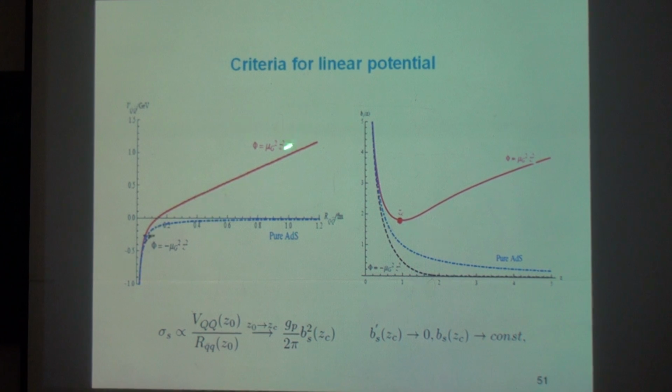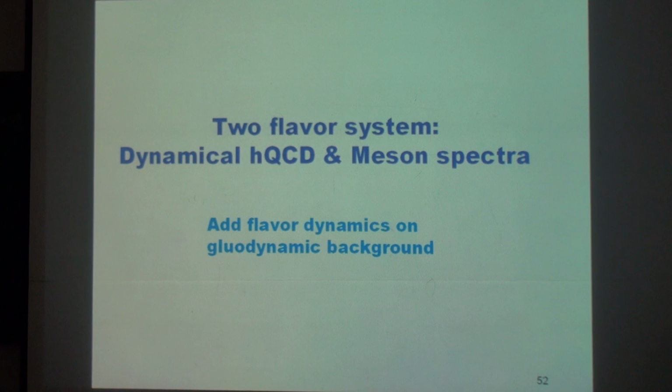So basically, in this model, the only thing we did is that we just solve this self-consistently. Then it seems everything is correct. Of course, now I'm talking about only the pure glue system.